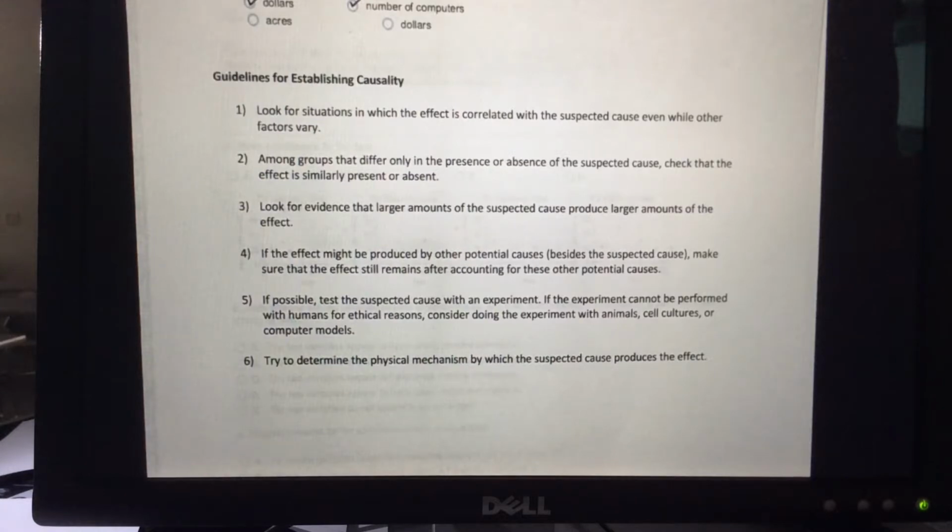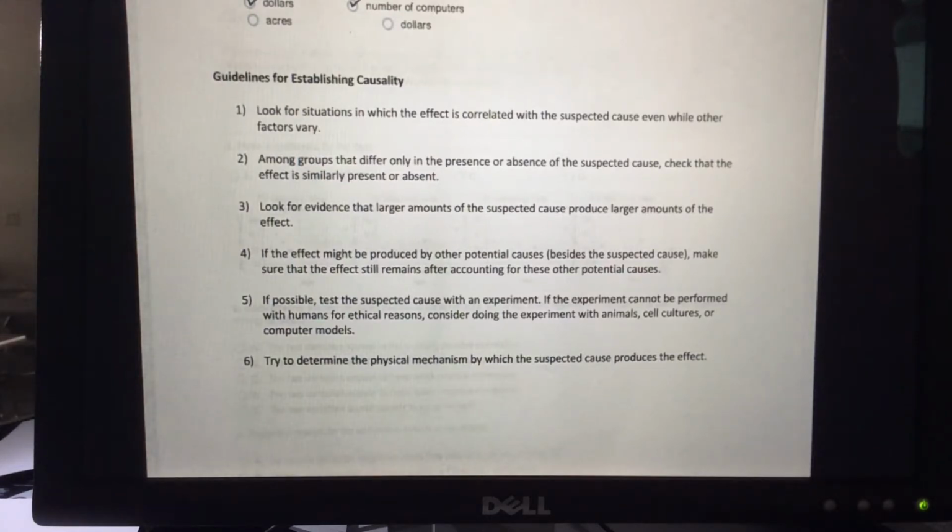And then number 4, if the effect might be produced by other potential causes besides the suspected cause, make sure that the effect still remains after accounting for these other potential causes. Then number 5, if possible, test the suspected cause with an experiment.